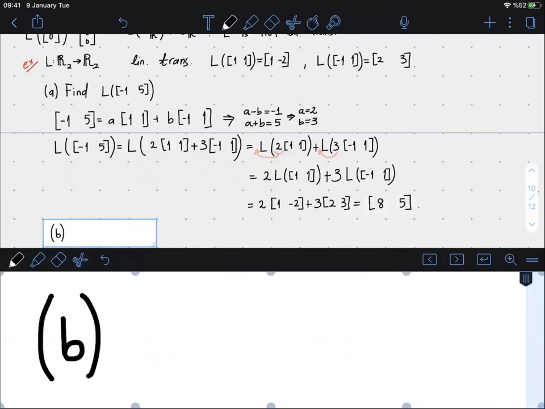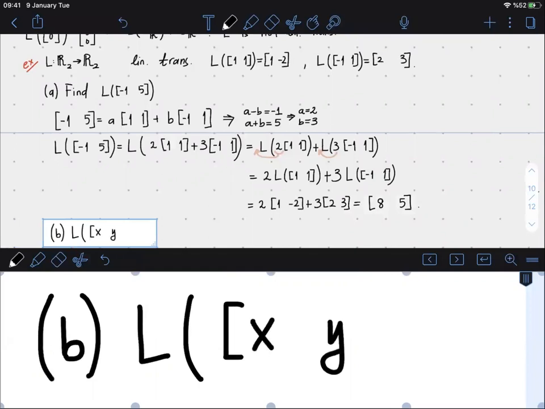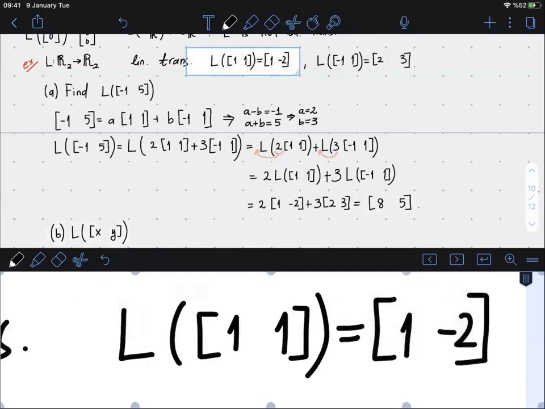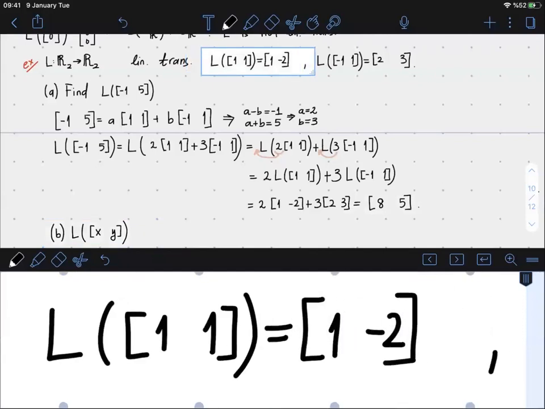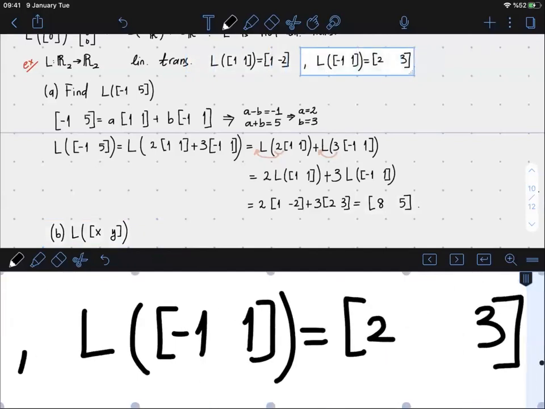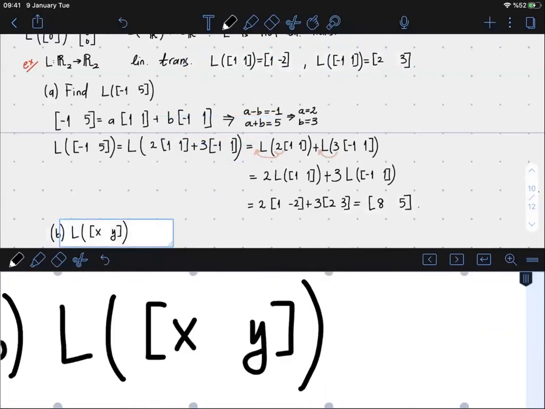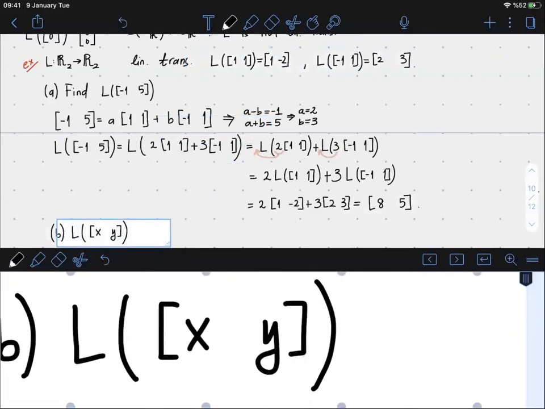Part B is asking, this time, not just for a specific vector, but we want to find this for any x and y. So what is L of (x, y)? Can we find the general formula of L just by knowing two values of it? We are given two values of it. Can we find the general formula for this?